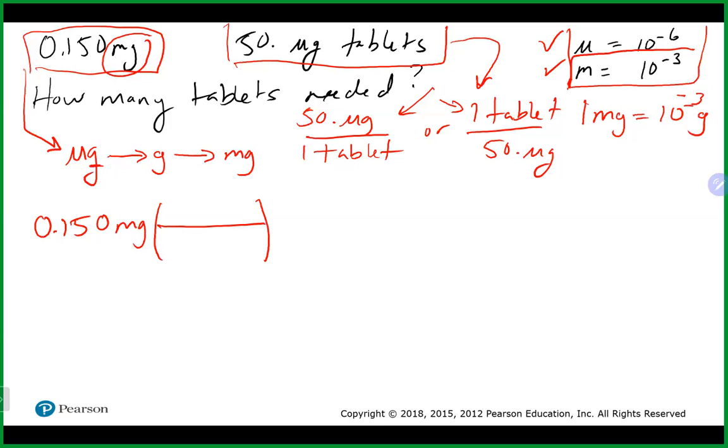Milligrams are on top, so we put milligrams on the bottom: 1 milligram on the bottom and 10 to the minus 3 grams up on top. If I stop my calculation here, the milligrams would cancel and I would be in units of grams. Any questions so far? That's close to what we need, but we do need to get it to micrograms.